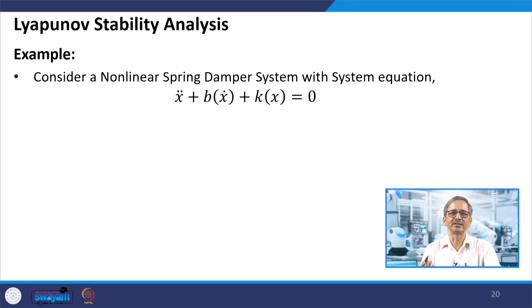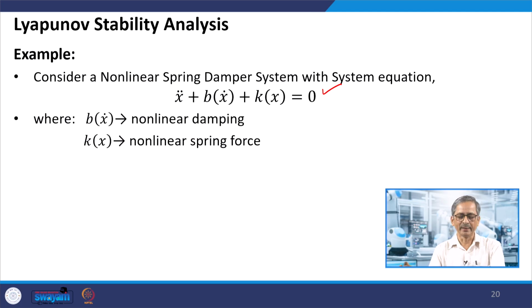Let us take an example. So, consider a nonlinear spring damper system with the system equation as this one. And here say this is the nonlinear damping and this is the nonlinear spring force.